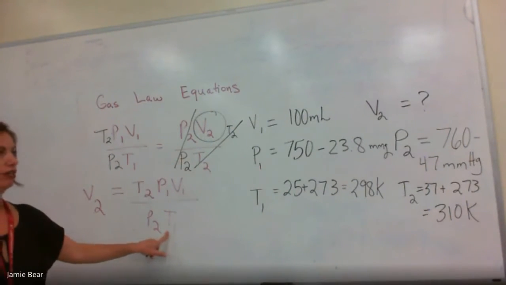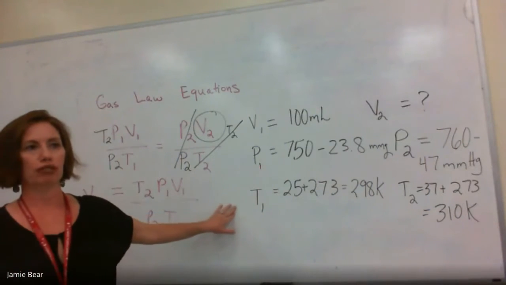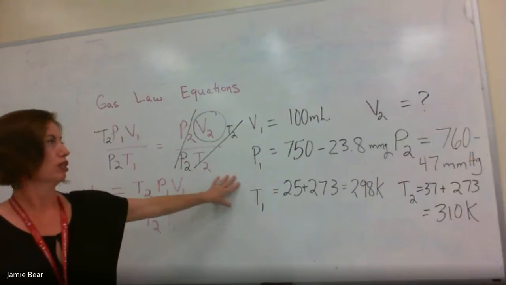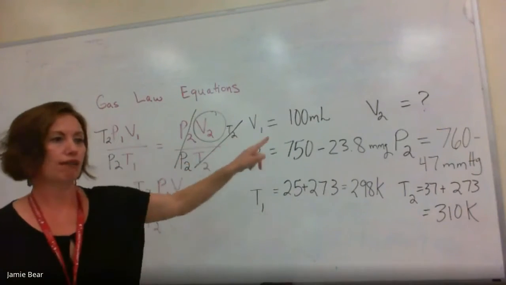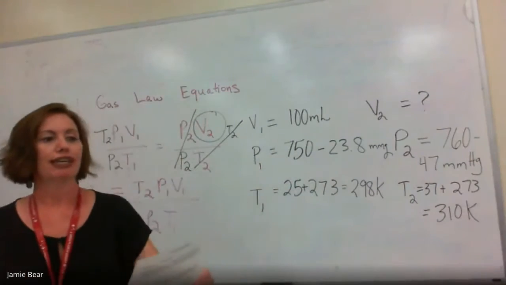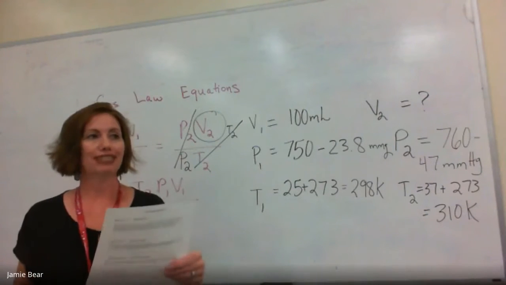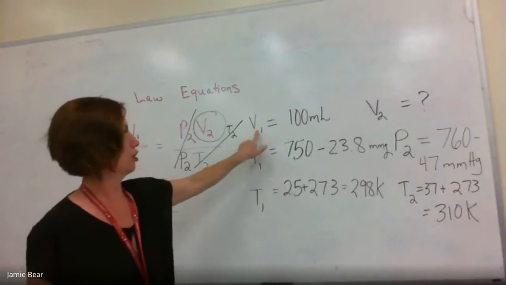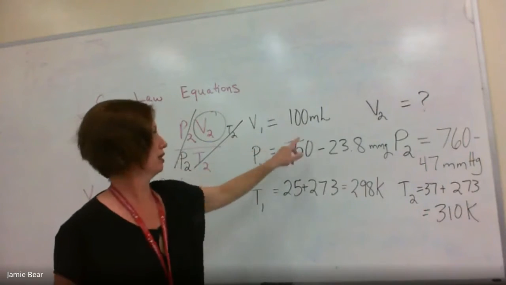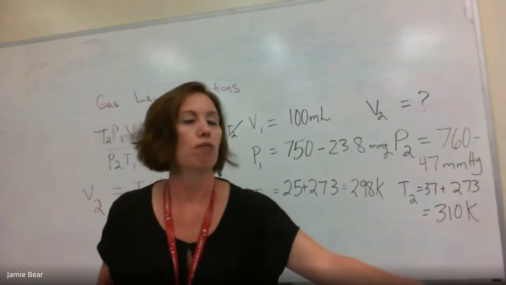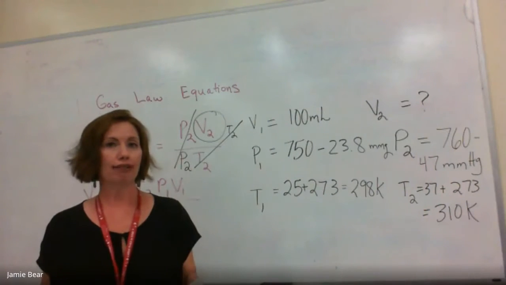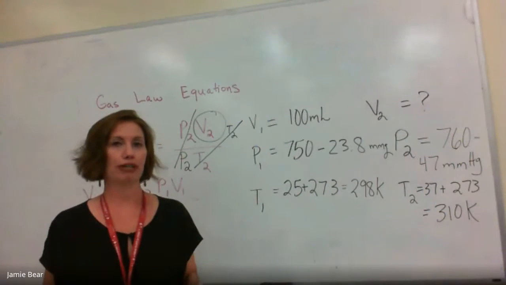So now we're going to look at what the values are for each variable. So V1 from your given equation is 100 milliliters of saturated gas volume. For P1, because the equation said that it was saturated, you have to take out water vapor pressure.